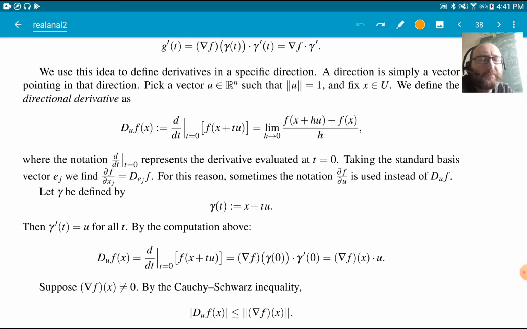So one of the things that you can do with this is to think, well, with the partial derivatives, we were differentiating in a specific direction, in one of the principal directions. If we use the standard basis on Rn, we were differentiating in the x1 direction, in the x2 direction, x3 direction, and so on.